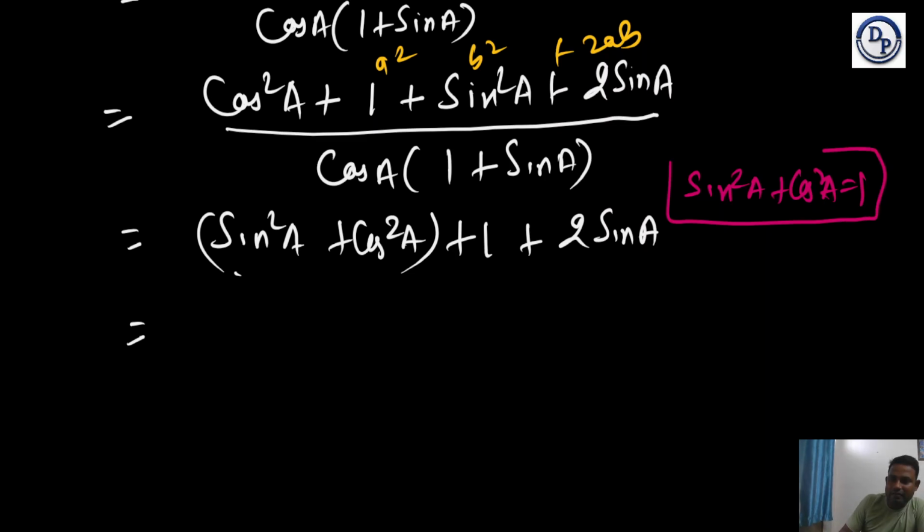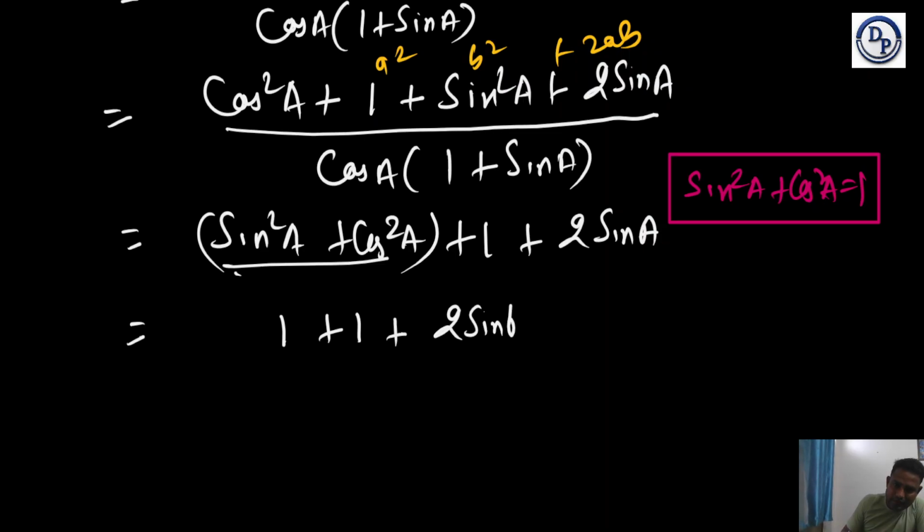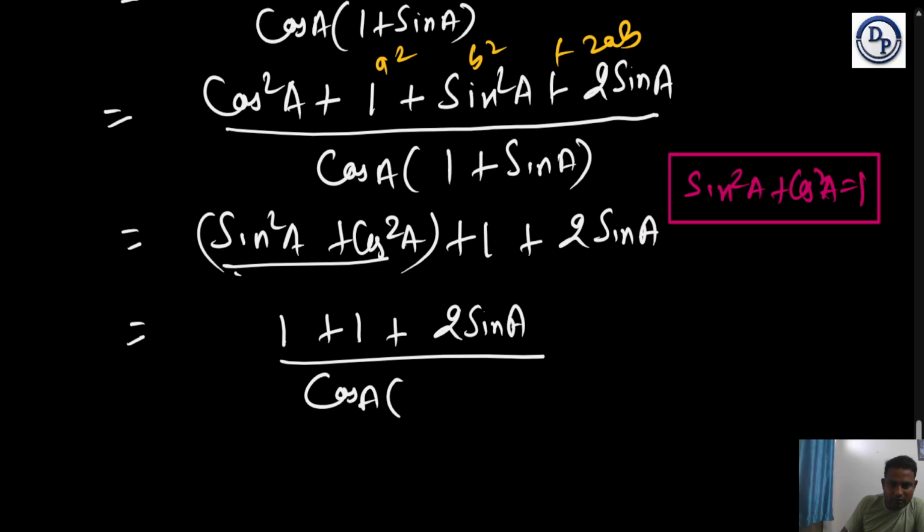Okay, this is identity. So we can write 1 in the place of this complete term. Okay, so I write 1 plus 2 sin A divided by cos A times (1 plus sin A).